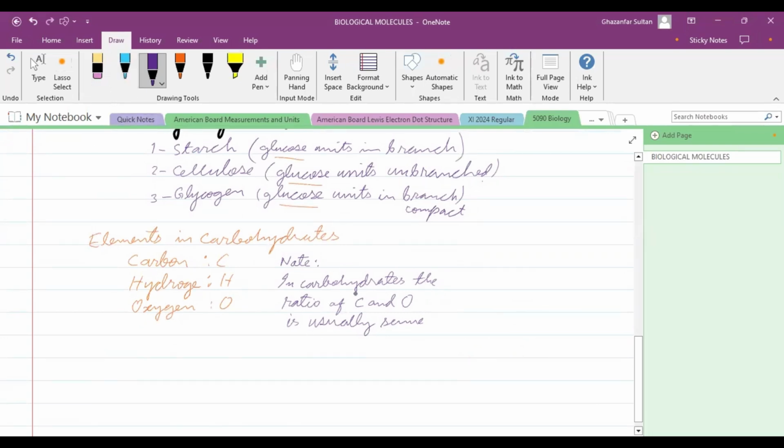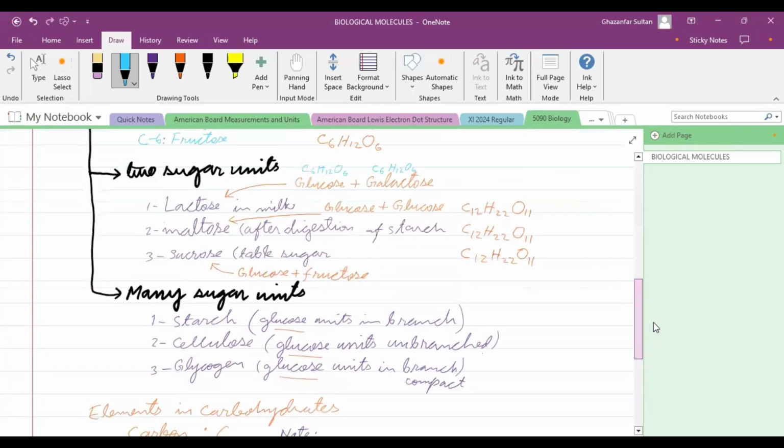But hydrogen is almost double in number as compared to oxygen.